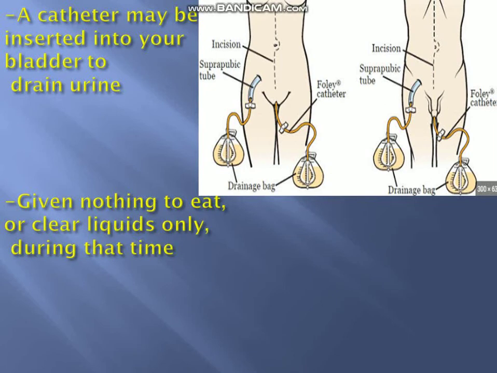Treating dehydration is important. A doctor may give IV fluid to correct electrolyte imbalance. A catheter may be inserted into the bladder to drain urine. For partial obstruction or an ileus, it may be possible to treat by simply resting the bowel and giving intravenous fluid. Bowel rest means you will be given nothing to eat or clear liquid only during that time.